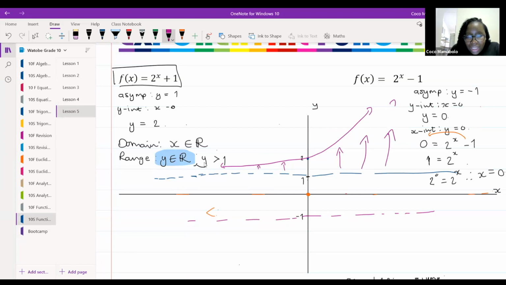Even here, it will never touch the point 1. That is why we say that y needs to be greater than 1. Okay, Asbonge, tell me in the chat if that makes sense to you. The reason why we say that y needs to be greater than 1 is because my graph cannot touch the point 1. All right?